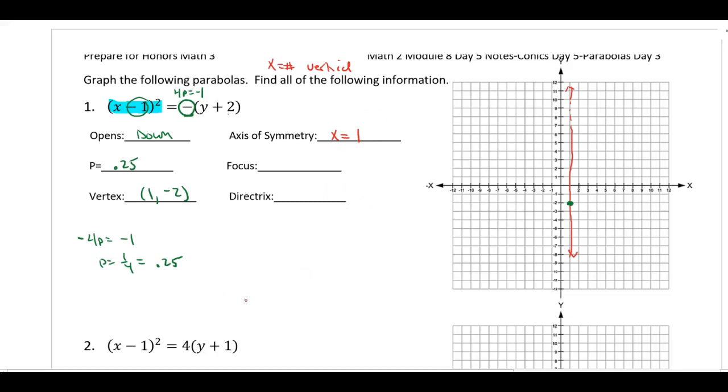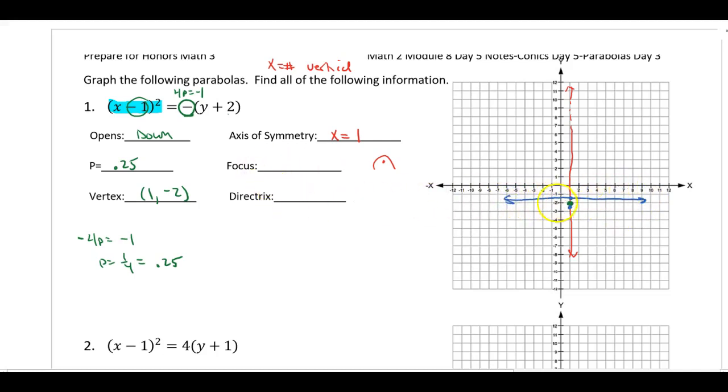Now my focus, right, since this opens down, I know the focus is always getting eaten by the parabola. So from here, I'm going to go down for the focus. I'm going to go down 0.25. So I'm going to guesstimate here. For the directrix, I would go up 0.25 and then draw that horizontal line.